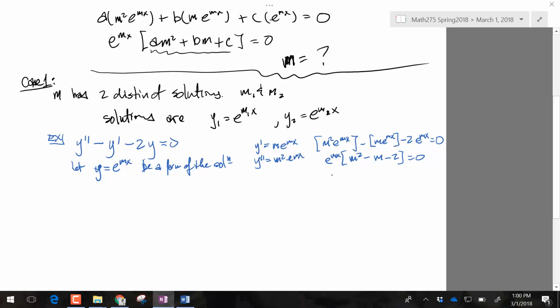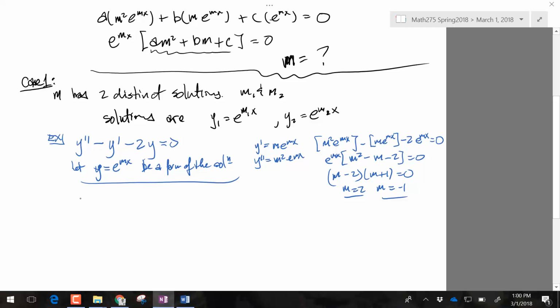So if we're solving for m here, and if we factor this, we can get our solutions, right? M minus 2, m plus 1 equals 0. And so m is equal to 2, m is equal to negative 1. So these are the powers to your solutions.